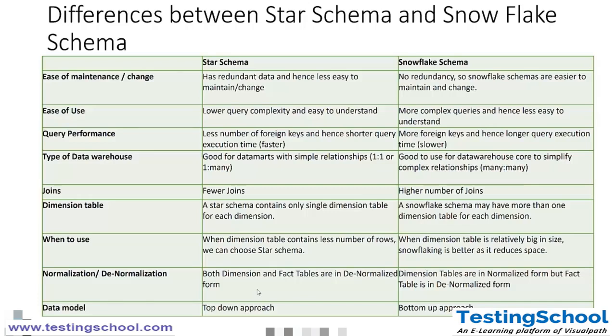It might go to a level where you have 5 to 6 fact tables and about, let's say, 80 to 100 dimension tables which are directly or indirectly connected to your fact tables. All right, those are the differences between star schema and the snowflake schema.